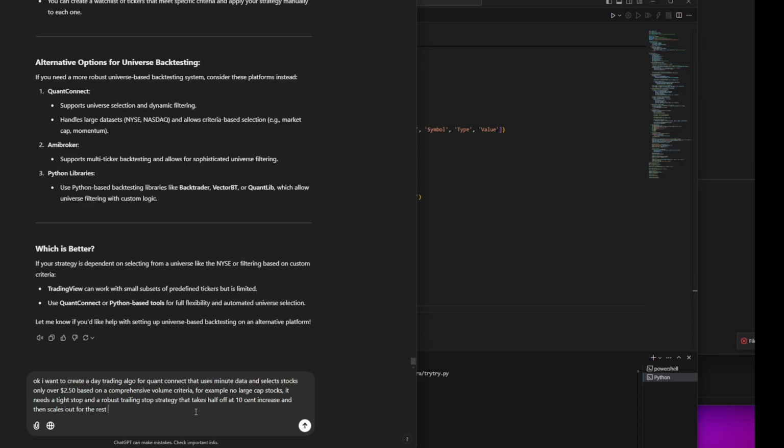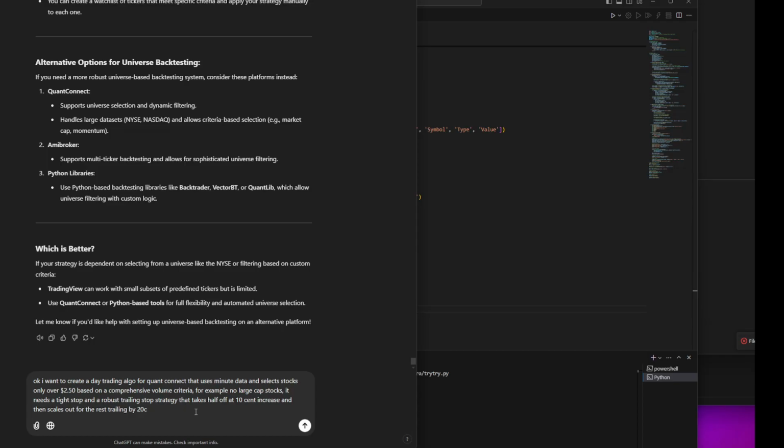We could do a scaling out, or take half off at a 10 cent increase and then scale out further. In other words, if we put the trailing stop on the rest, following, trailing by 20 cents.